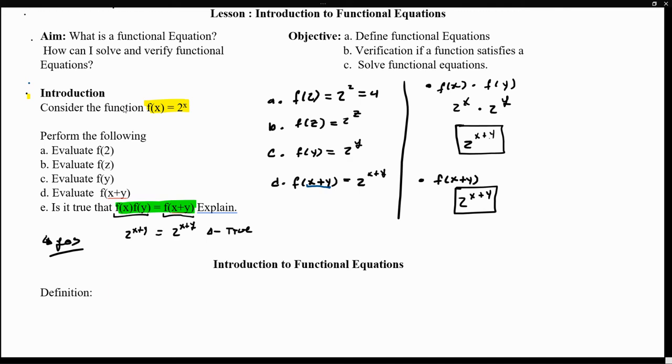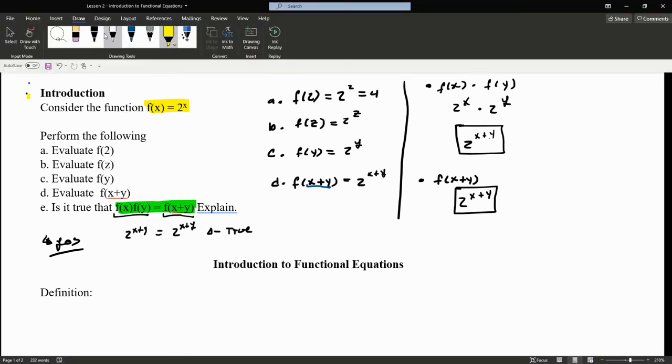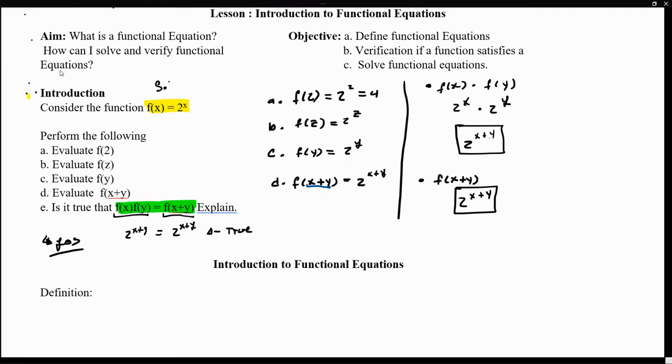Therefore, this function is what we're going to refer to as the solution of this functional equation. Because again, a functional equation is an equation where the unknown is a function. So consider this as some kind of a condition, and we want to find out what function fulfills this condition.